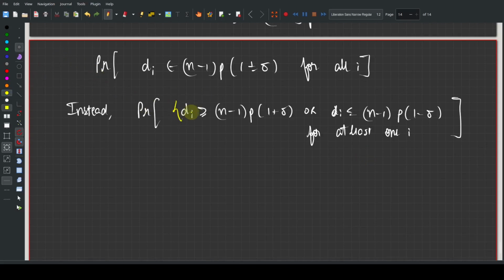Let me call this particular event, that d_i is greater than or equal to this, or d_i is less than or equal to this, an event E_i.